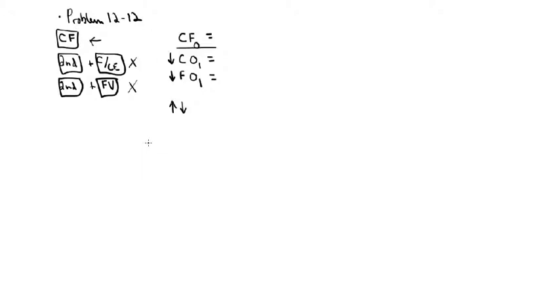If you push arrow down, you'll see the next item is C01, and if you push arrow down again, that's F01. CF0 is the initial investment that you make in a project.